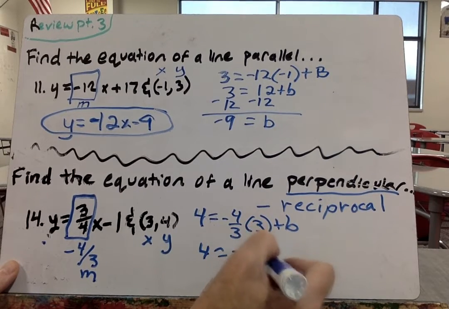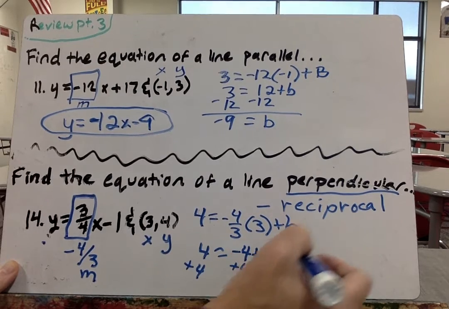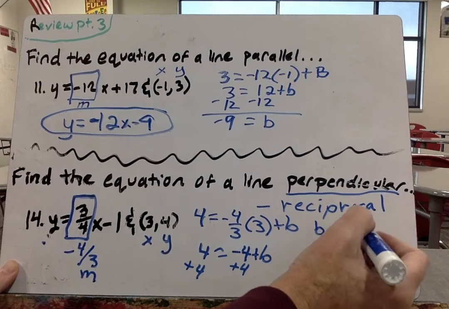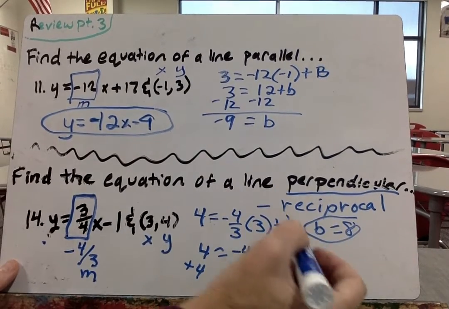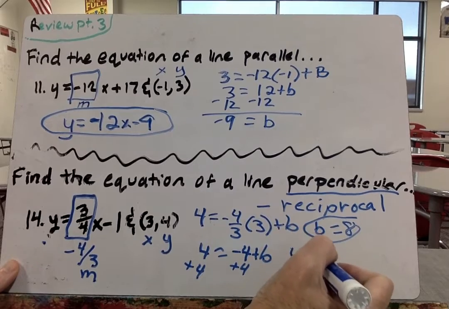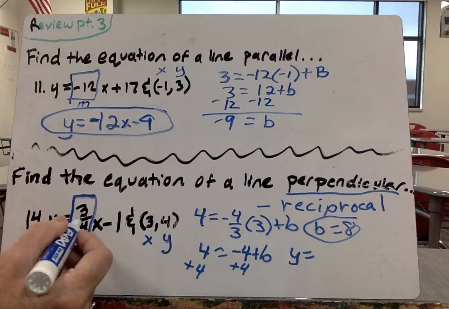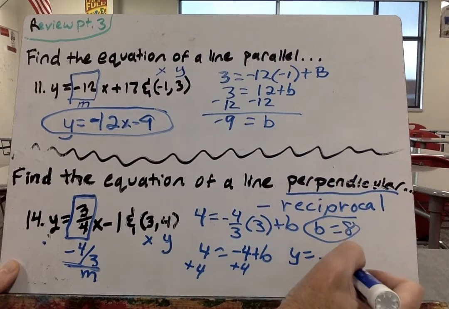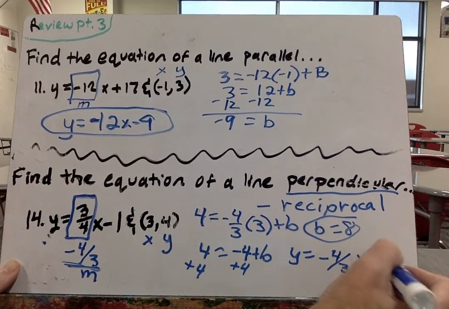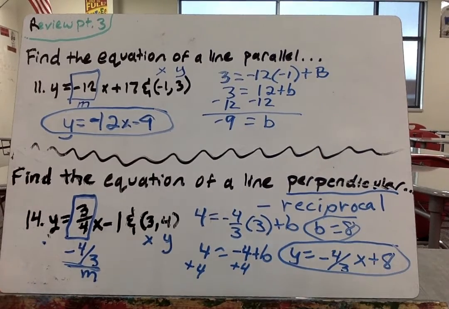Plus b. Then I add 4 to both sides. So b equals 8. Now I write it in slope-intercept form. Y equals, our m is negative 4/3. Remember, it's not 3/4, it's negative 4/3. There you go. Okay.